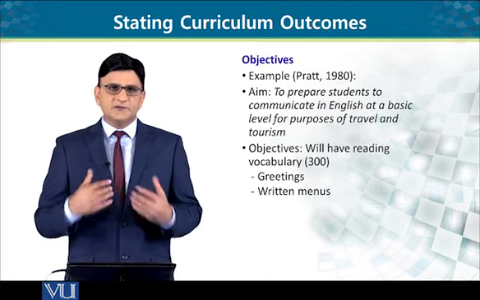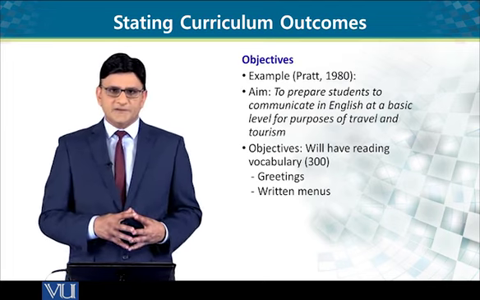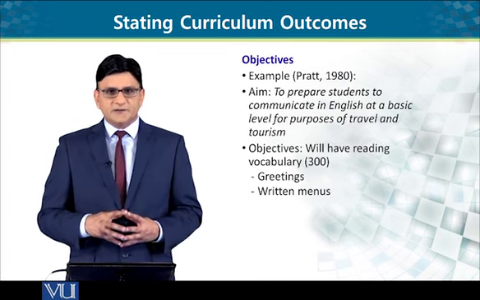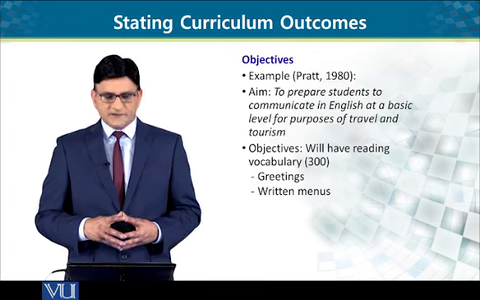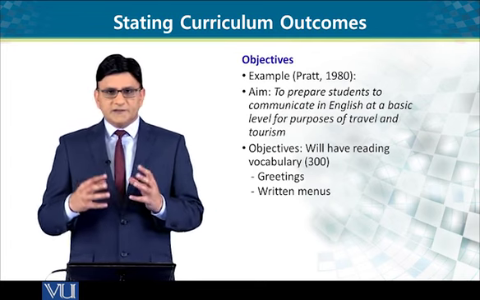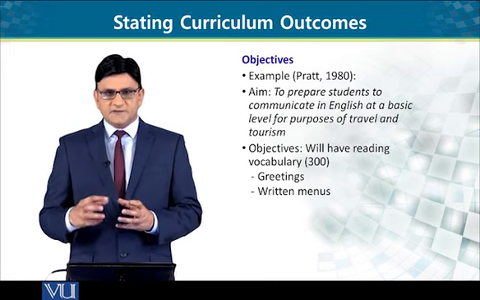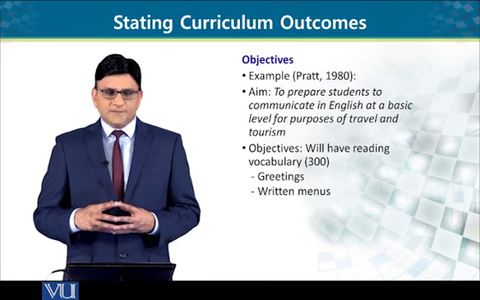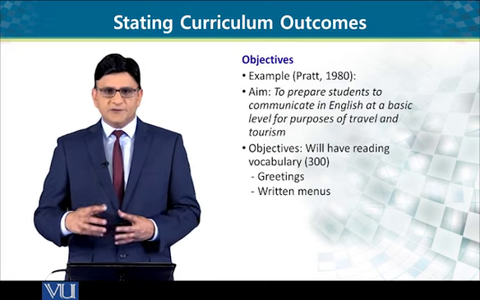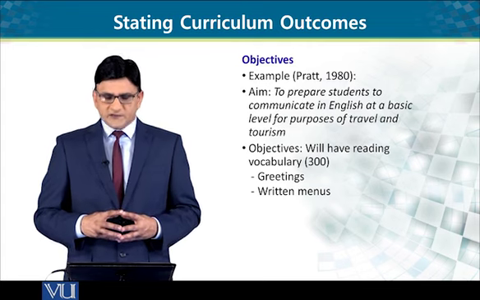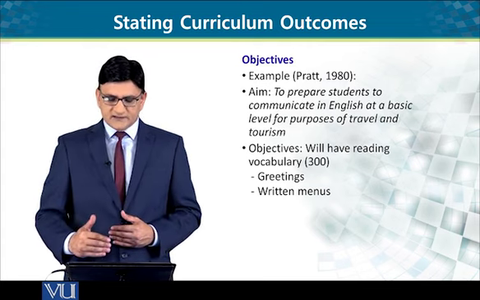I mean, how many words students will learn to communicate in English for the purposes of travel and tourism, right? And secondly, we're going to give a word list of another 300 words to become familiar with the expressions of using greetings and vocabulary.